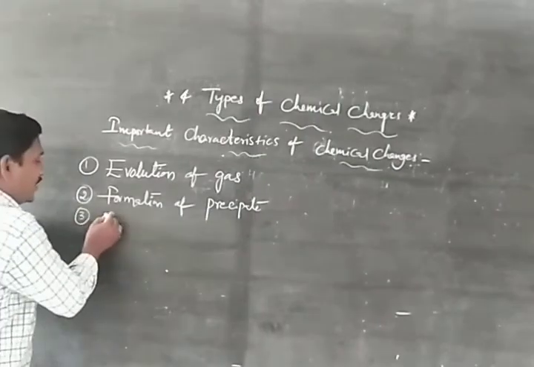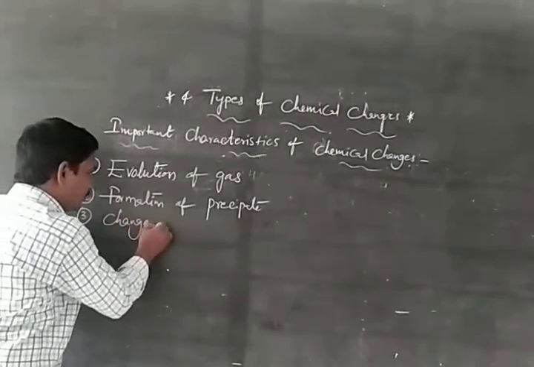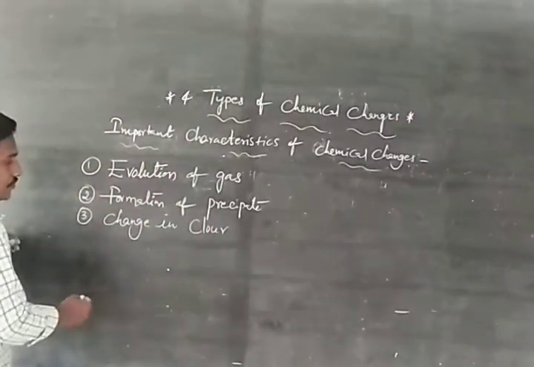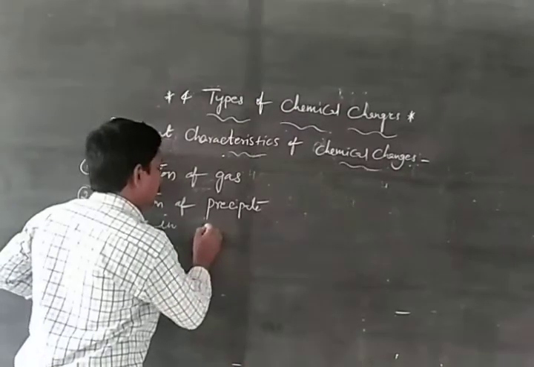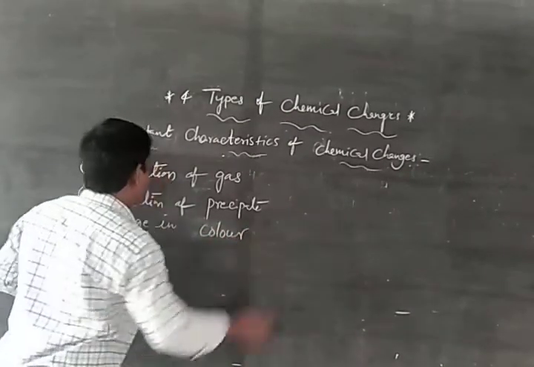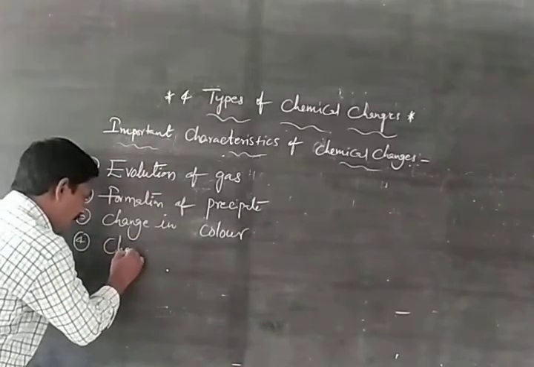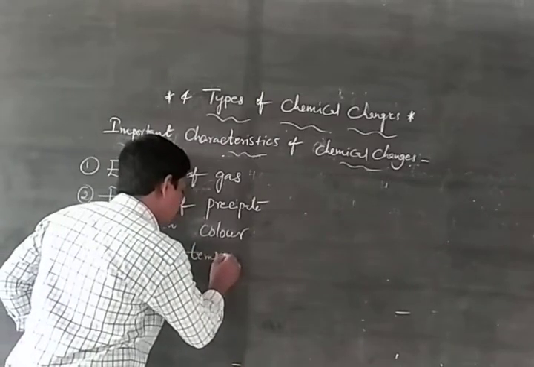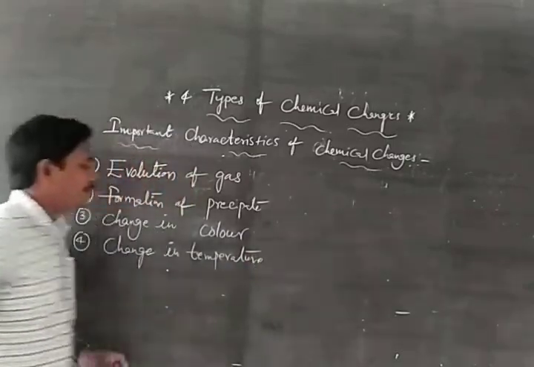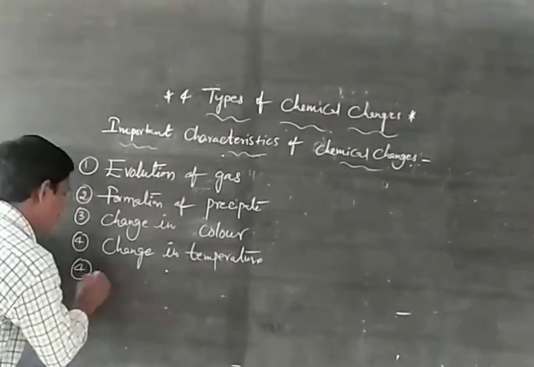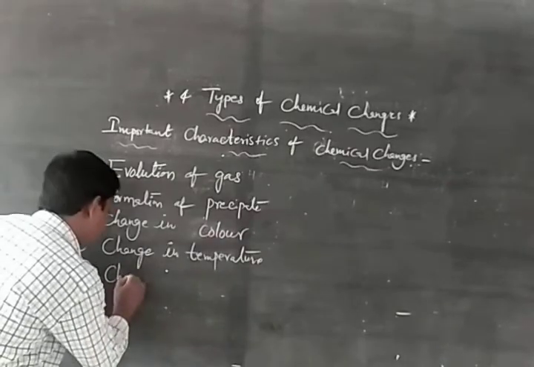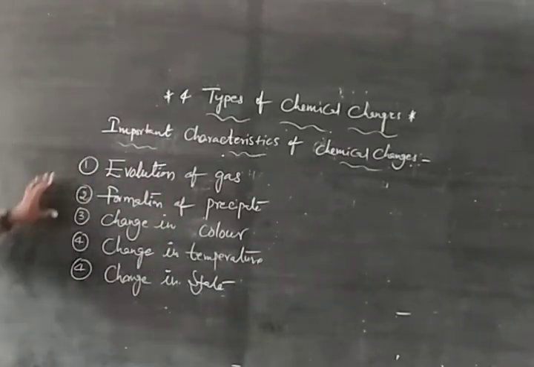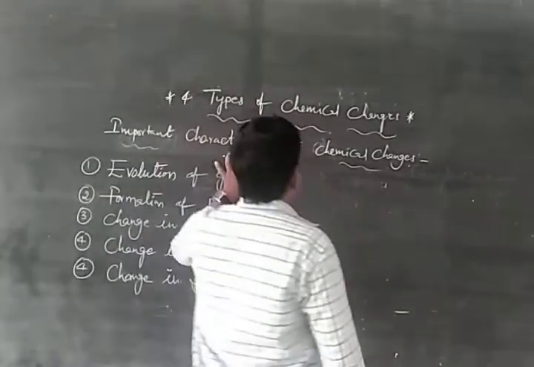Next, change in color, change in temperature, and change in state. Okay, these are the main important characters of the chemical changes.